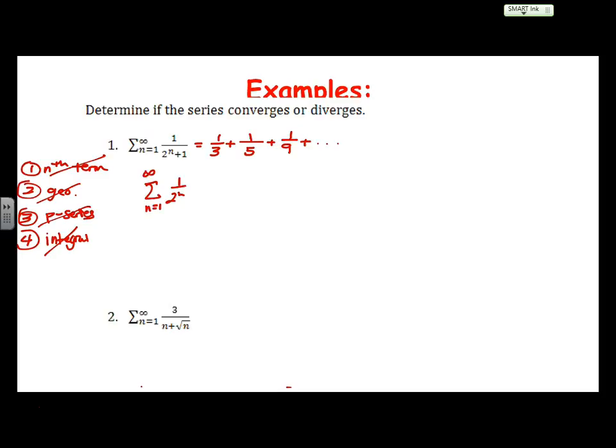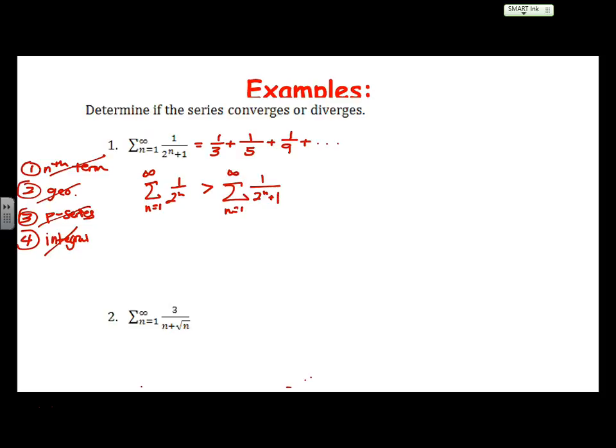What's 1 over 2 to the n, smaller or bigger? Why is it smaller? Oh, so it's bigger. So it's bigger, but why? Who has the bigger denominator?